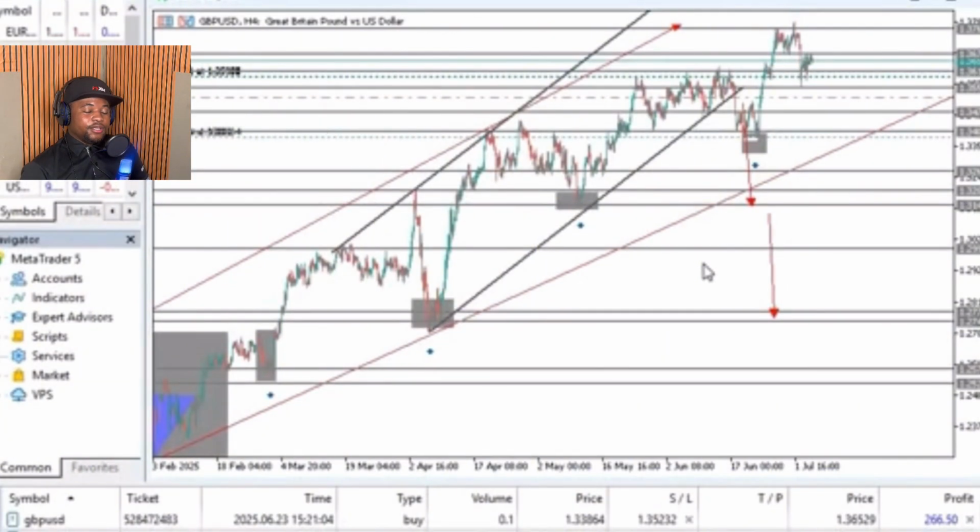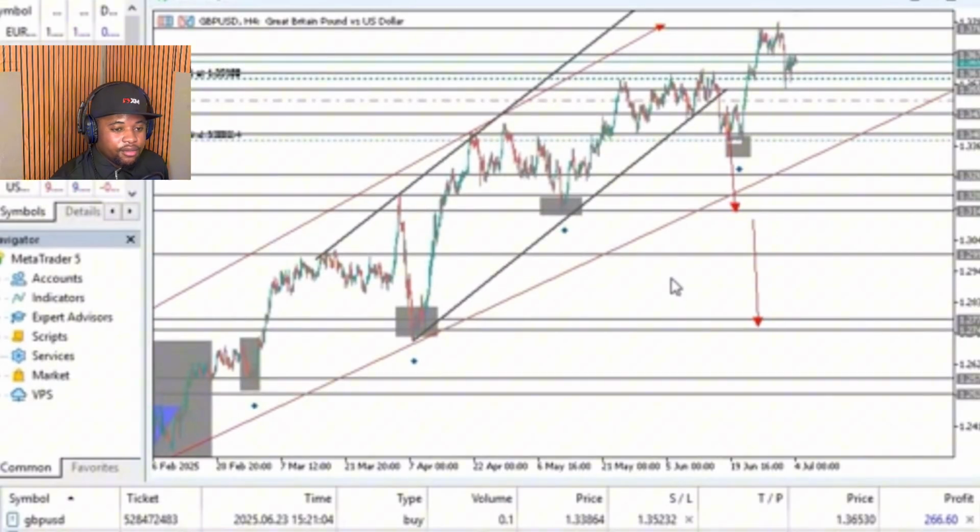So we can tell that this is speaking to us, and therefore we will listen to what it is telling us. Because the market won't show you something that it will never do.